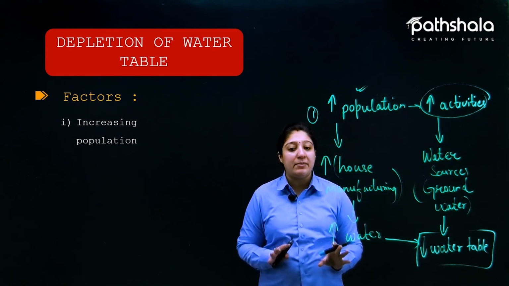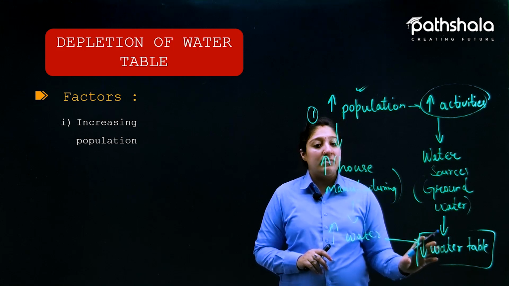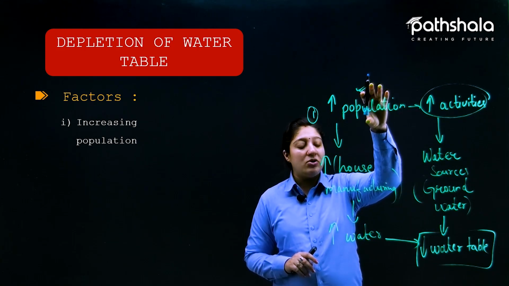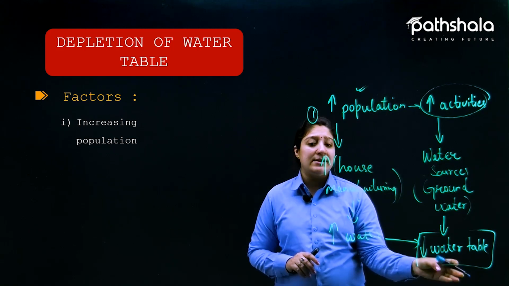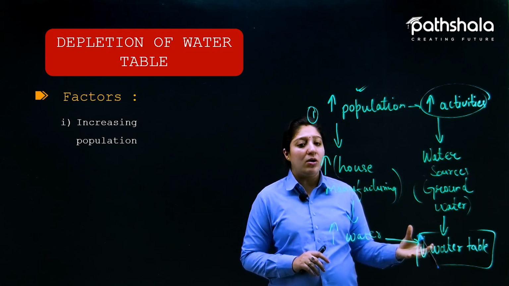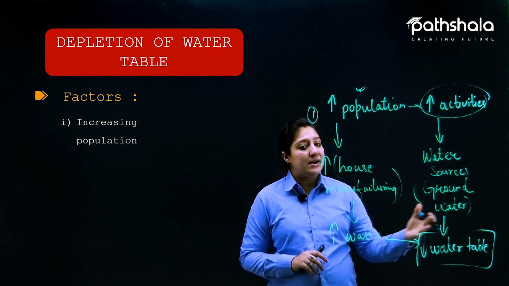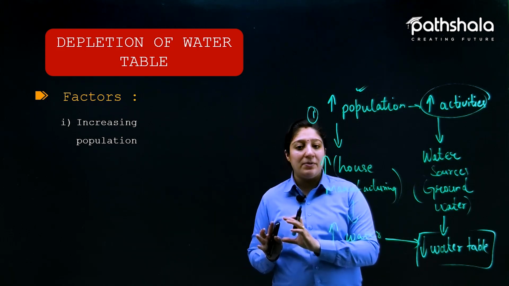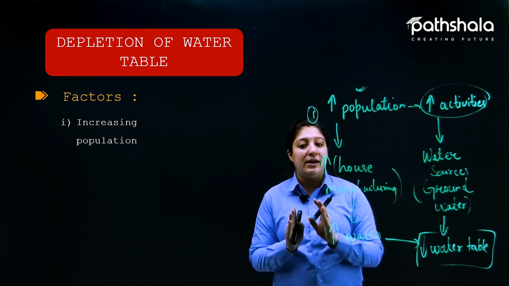It takes a lot of time to recharge the water table. But the activities are increasing day by day, and because of that, a very small amount of water is present in the water table, or we can say most of the water is wasted in these processes. So that is how increased population is affecting the water table.